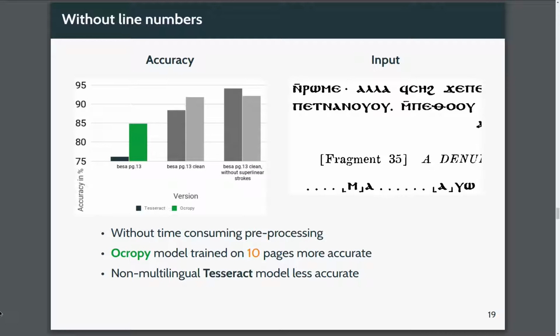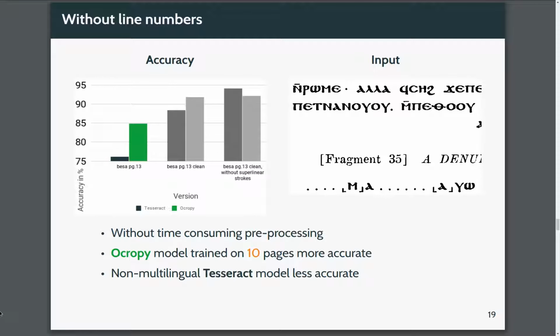Exactly, we got around 85% accuracy. That means that 85% of all the letters and spaces are accurate. Compared to the Tesseract results, we only got 76% accuracy. This is already quite good, given the fact that we only removed the line numbers from those pages and nothing more.